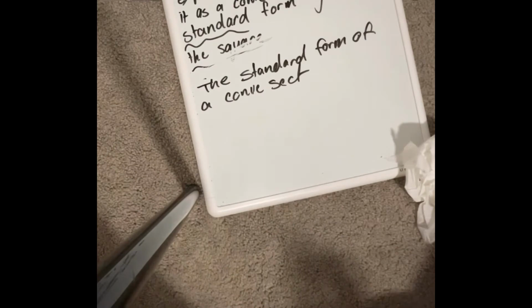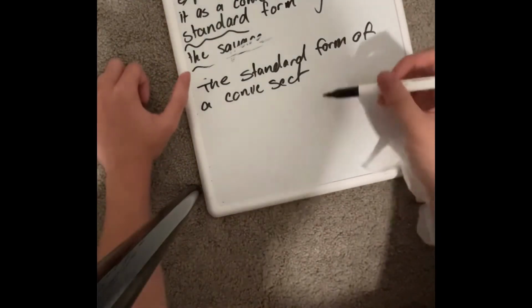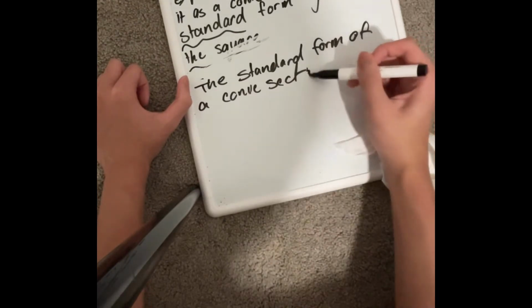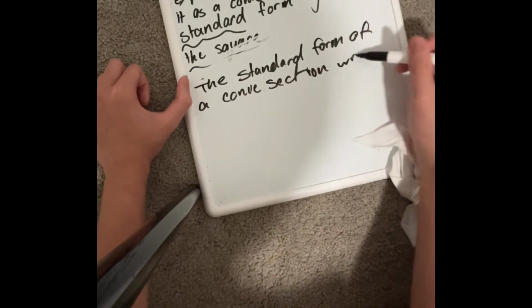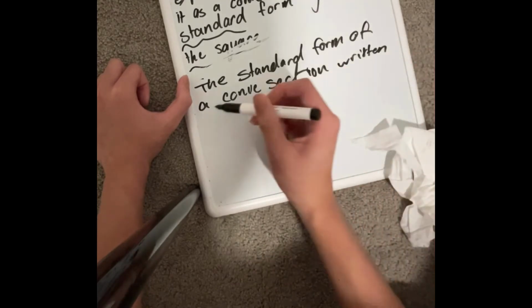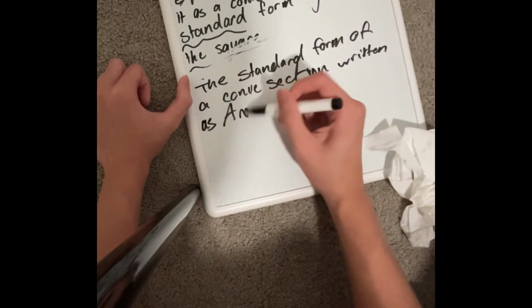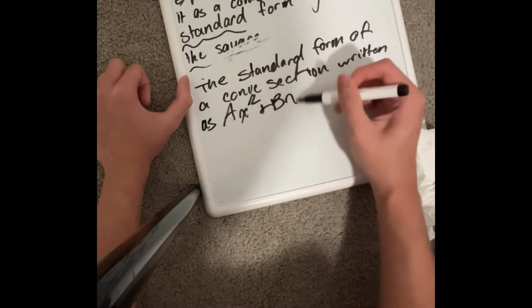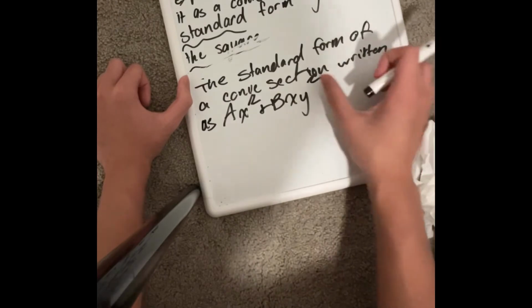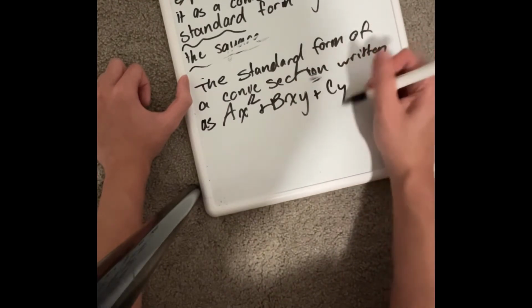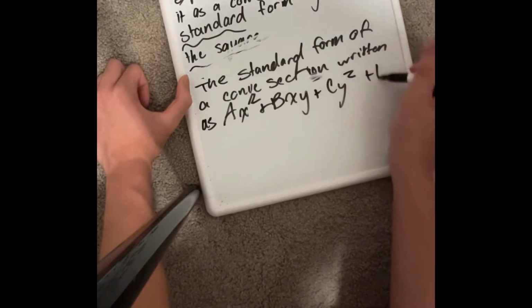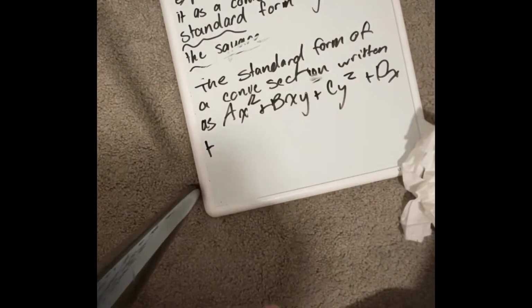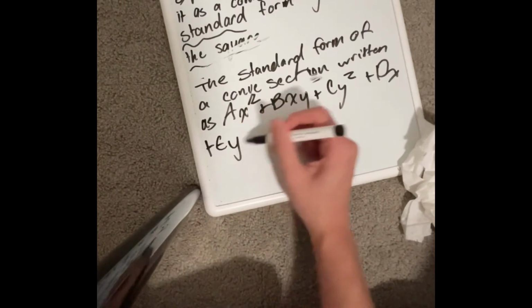The general form of a conic section is written as ax squared plus bxy plus cy squared plus dx plus ey plus f.